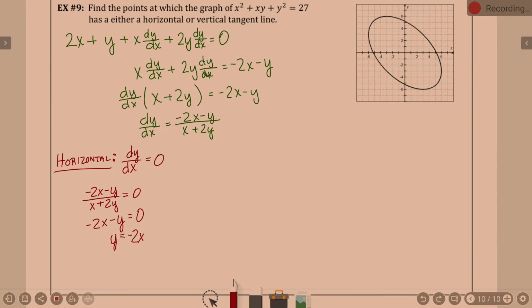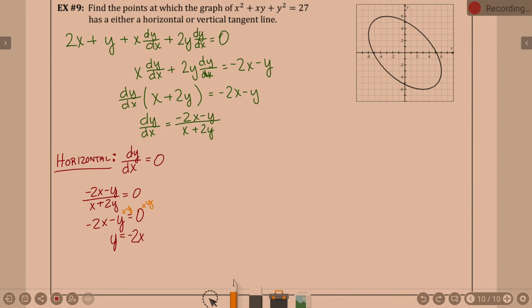I want a positive y term, so I just added y to the right side and got y equals negative 2x. I did it the complicated way; this step was supposed to be an easy one. My apologies. Are we there? Yep. y equals negative 2x.